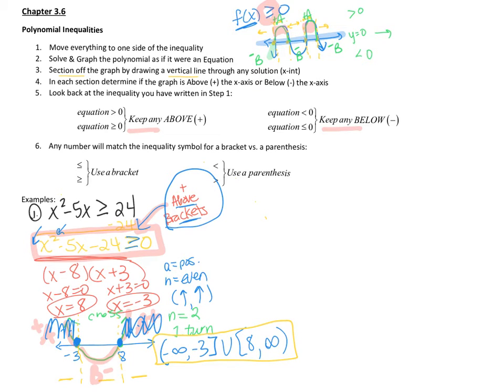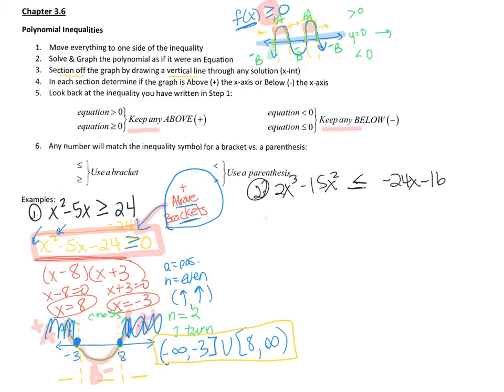Okay, so we're going to look at one more example just to make sure that we've got it, because there's kind of a lot going on here. Let's say that we had the inequality 2x cubed minus 15x squared less than or equal to negative 24x minus 16. The first thing that we want to do is get everything on one side of the equation.